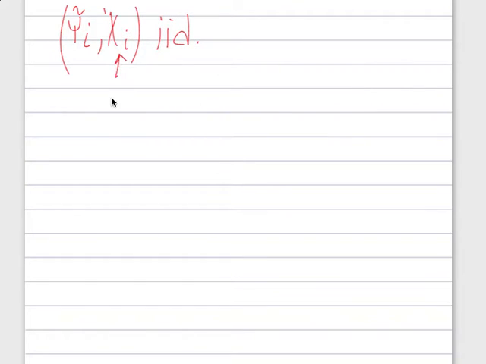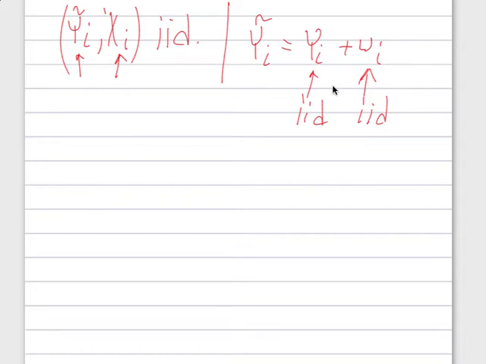We know xi is, individually, but we don't know if this is. But what we know is that yi tilde is basically yi plus wi, and from the given details, this is IID and this is IID. Then the sum of IIDs is also IID. You just need to write this in essay form. Done.